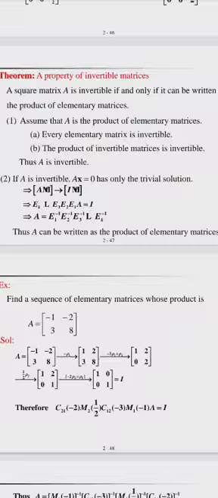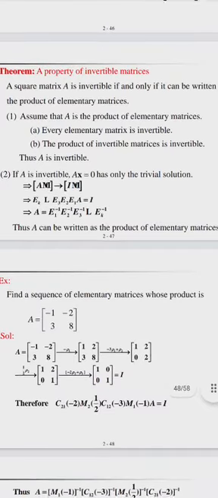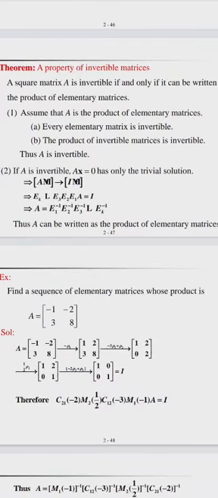Next theorem, a property of invertible matrices. A square matrix A is invertible if and only if it can be written as the product of elementary matrices.